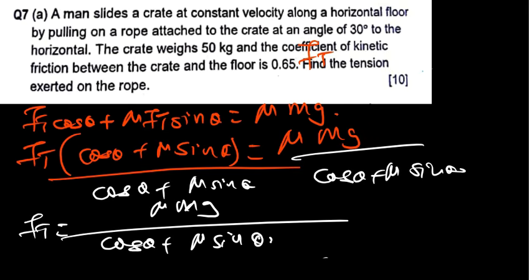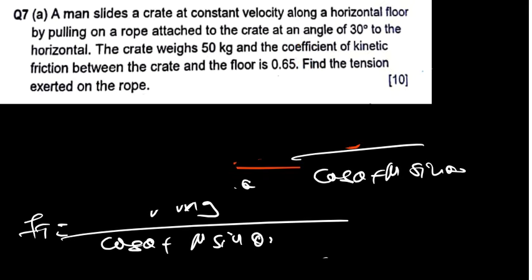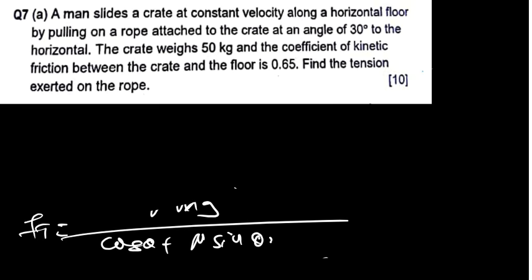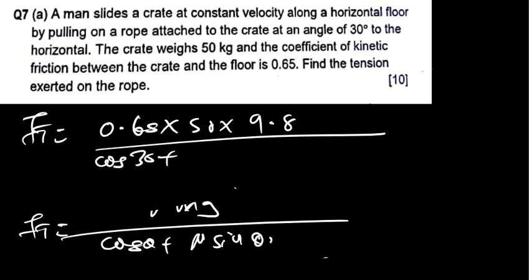Let's plug in the values and see what we're going to have. What is our mu value? Our tension force is going to be mu, which is 0.65, times mass 50 kgs times 9.8, then we divide it by cos 30 plus mu 0.65 sin 30.